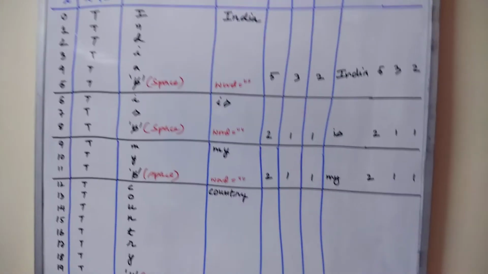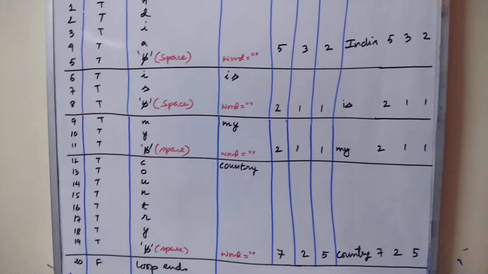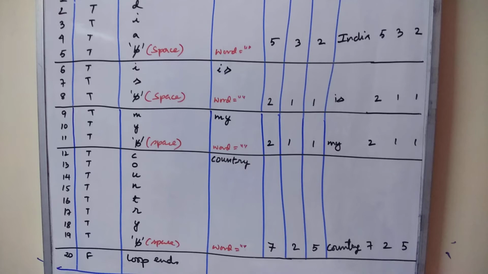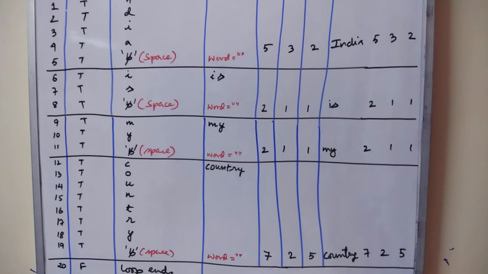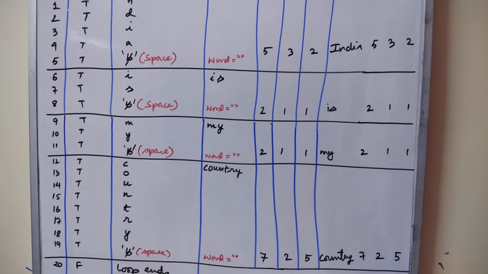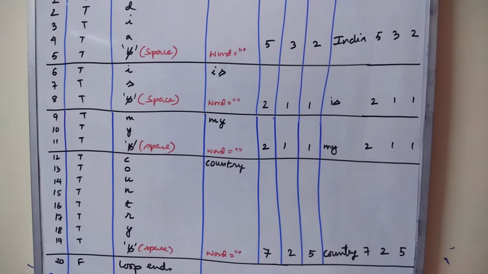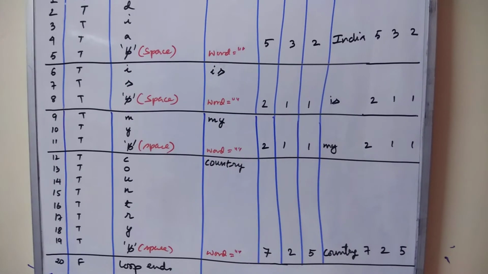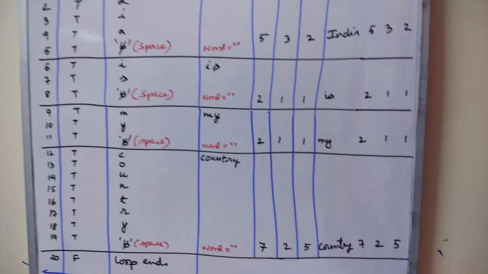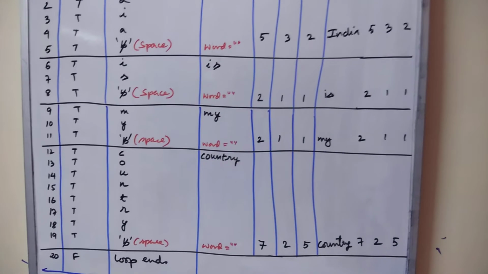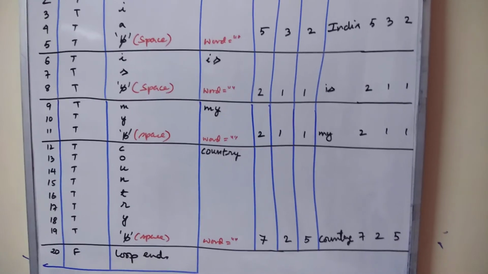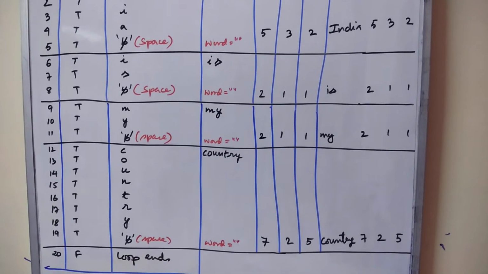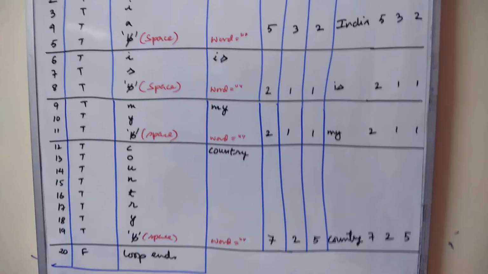And finally I'm getting the last one, index positions 12 to 18. I'm getting the word country, and it prints country with total length 7, vowels 2, consonants 5. And when i reaches 20, there is no index position left over. The loop condition becomes false and the loop ends.